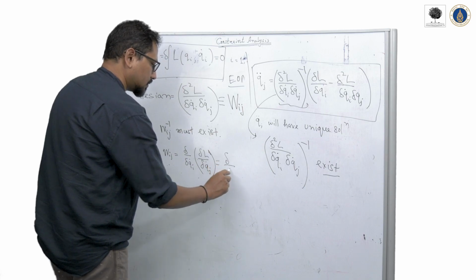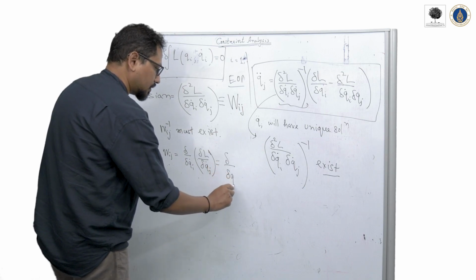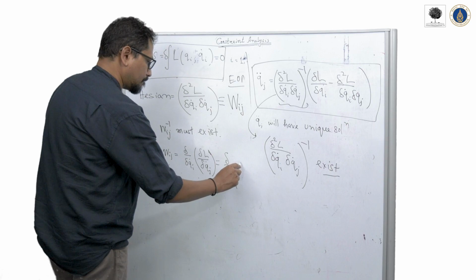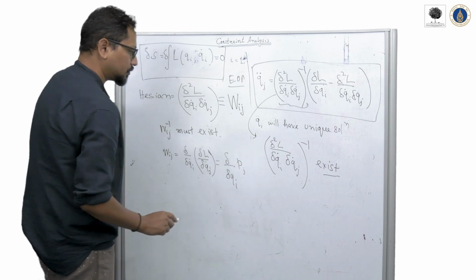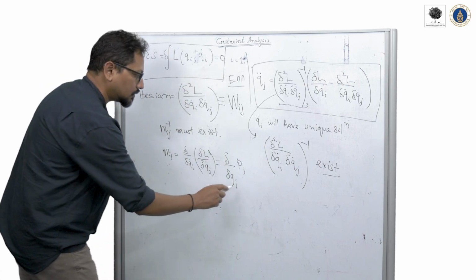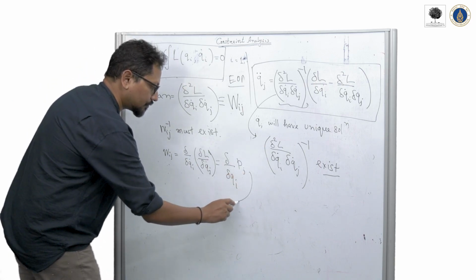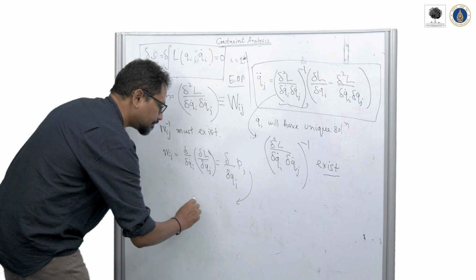It's nothing but del Pj by del Qi dot, where I am using the definition of conjugate momentum.